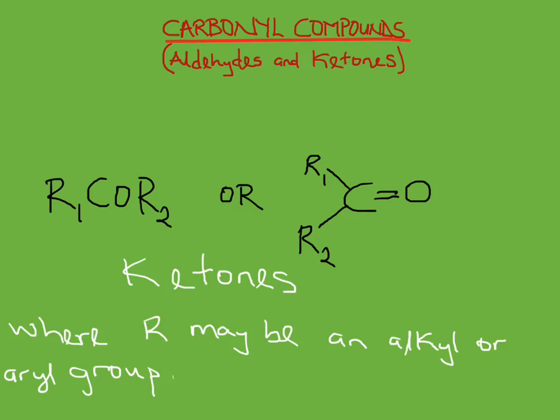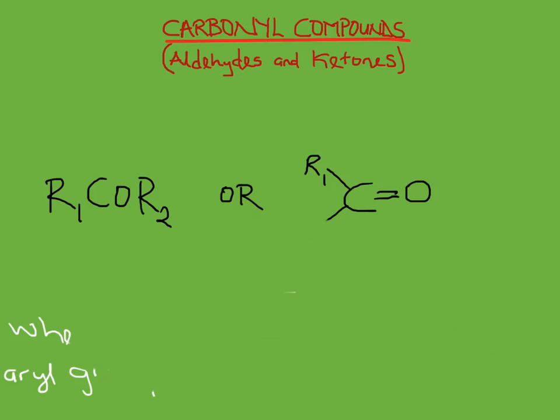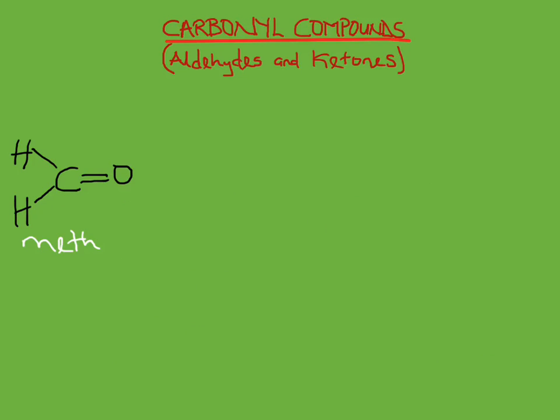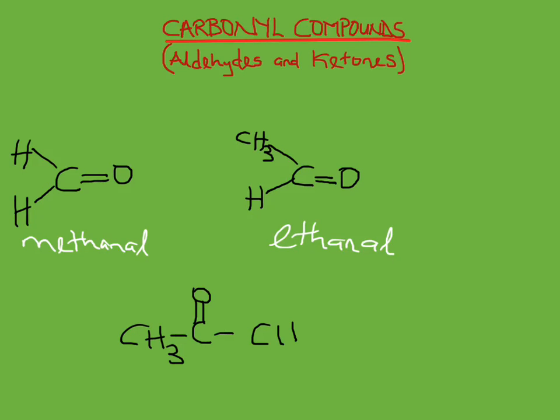The difference between aldehydes and ketones is the position of the carbonyl group. For the aldehydes, the carbonyl group is situated at the end of the molecule. That is, you can take for example methanal. You see that with methanal and ethanal, the carbonyl group is situated at the end of the molecule, while for ketones, the carbonyl group may be located anywhere along the molecule.